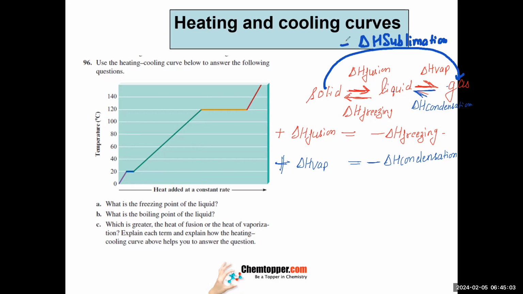Needed is positive. And what is gas to liquid, sorry, gas to solid? What is it called? This one. Delta H of deposition. And again, the magnitude of sublimation and deposition is exactly same.